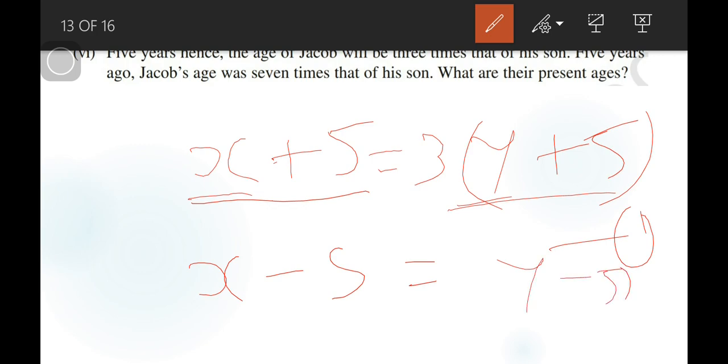What he said? Jacob's age was 7 times, means here multiplication, we get 7. So it is equation number 2. In this way we can find x and y by using the substitution method, and then we find their present ages, means the value of x and the value of y.